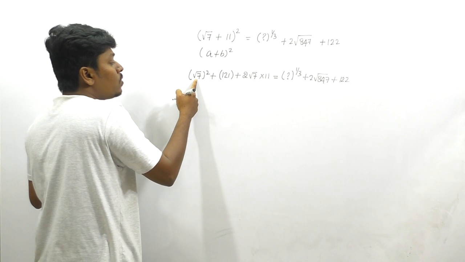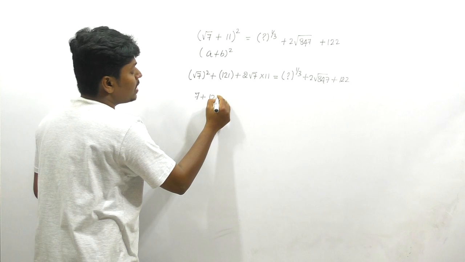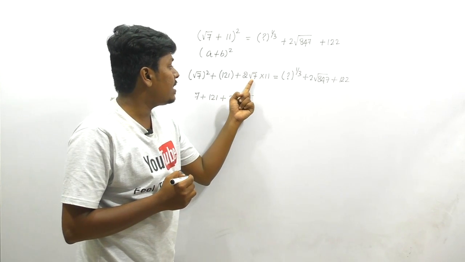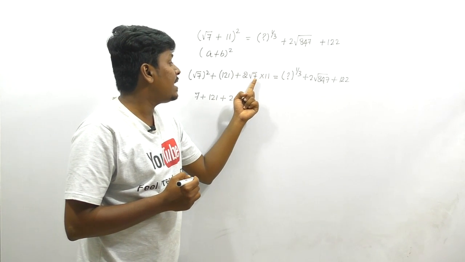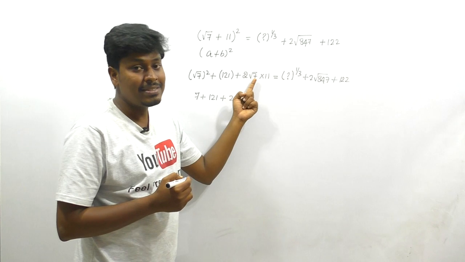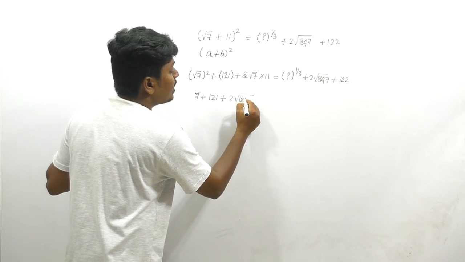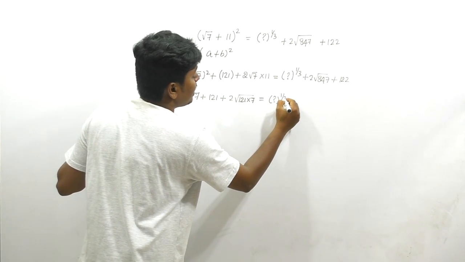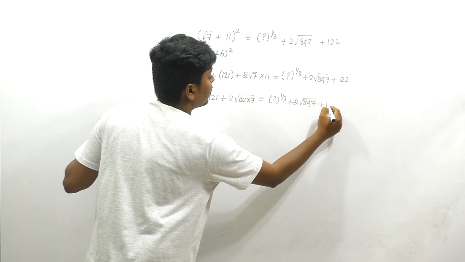So root of 7 square can be written as 7, plus 121, plus 2 root of, friends, listen carefully, here it is root 7 and here it is 11. We can bring this 11 inside the root. When we bring this 11 inside the root, 11 square is 121. So 121 into 7, equal to x power 1 by 3 plus 2 root of 847 plus 122.